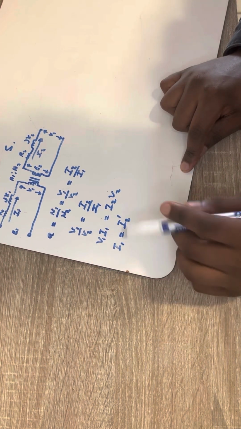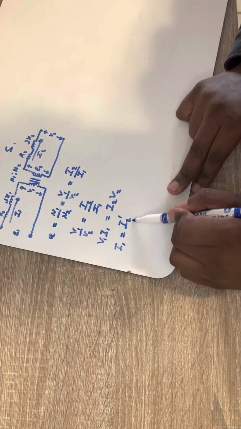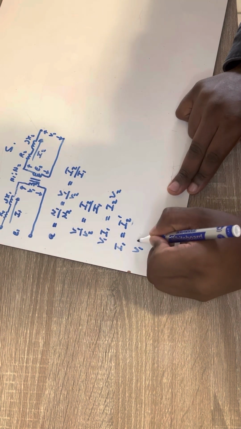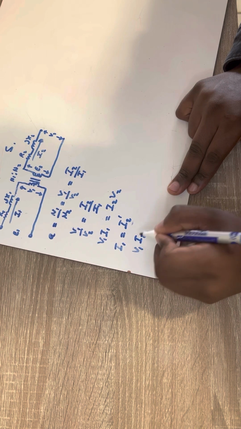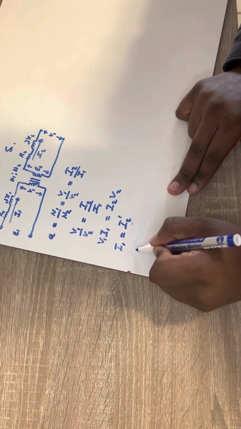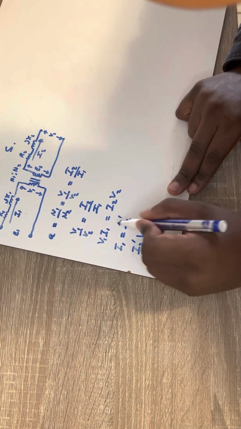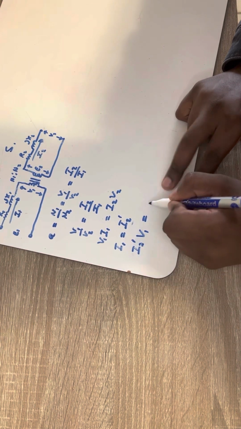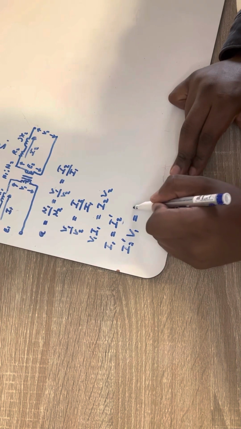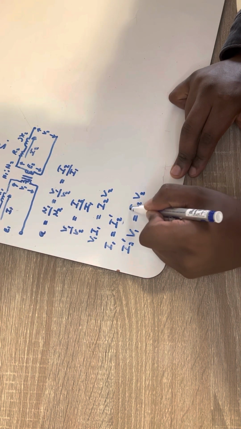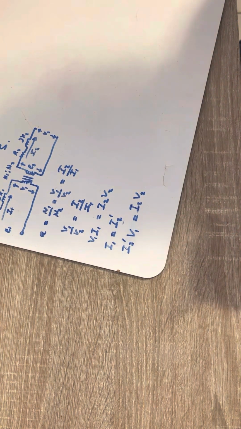So this will be equal. We substitute this in the place of I1. So, let me just write it uniformly: I2 prime times V1, right, equals I2 V2, right?